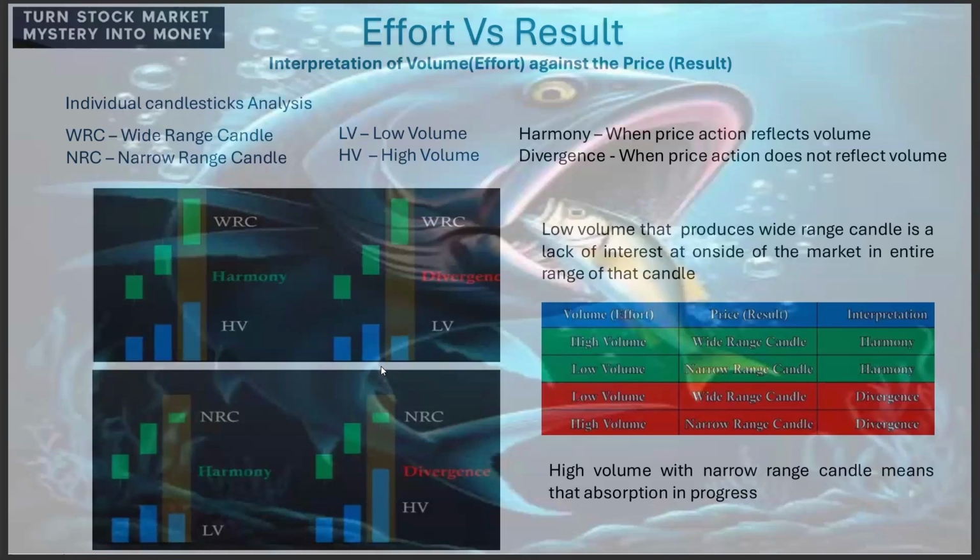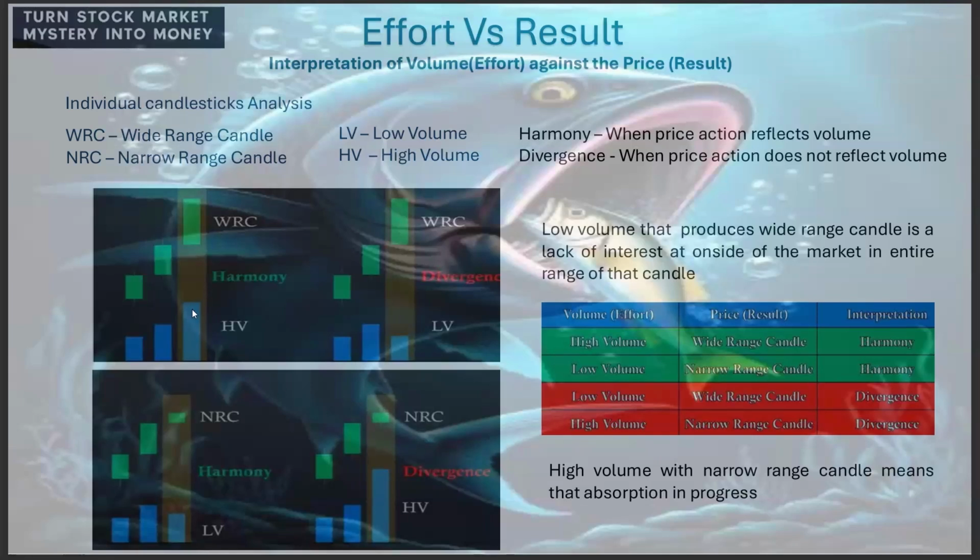When it is a high supply here, and then the demand also happening in the opposite direction, but the supply is huge. That supply is converted into high volume. It doesn't allow the price to go up, even though you put this much effort here. The same effort as what you have put in this high volume harmony case, 1,500, the same effort you are putting here also. But the result you are not able to make.